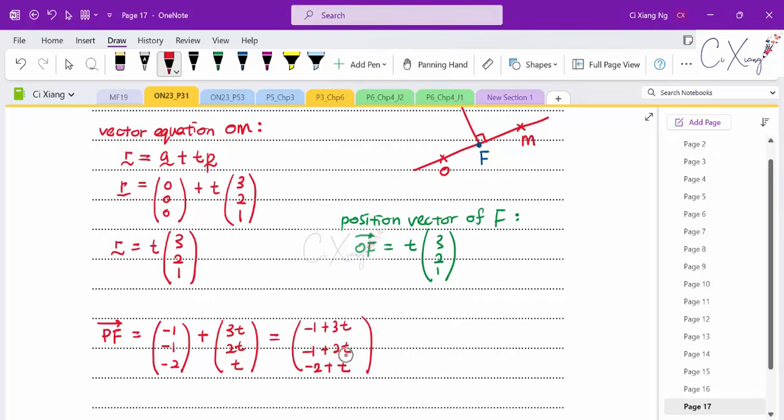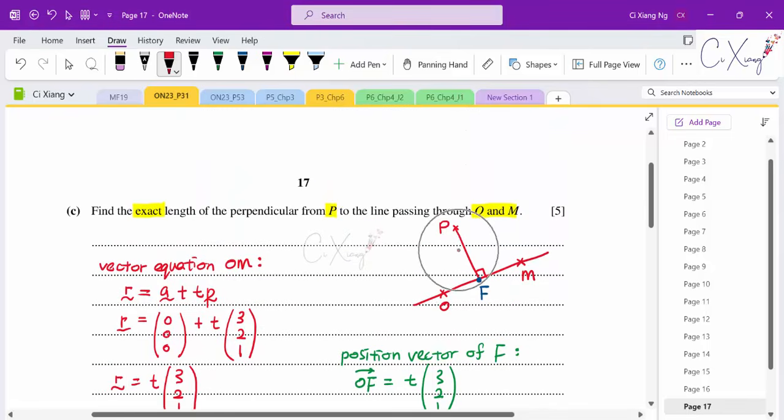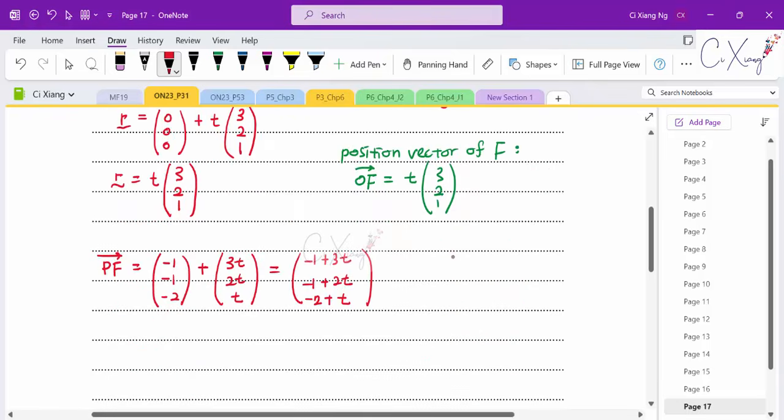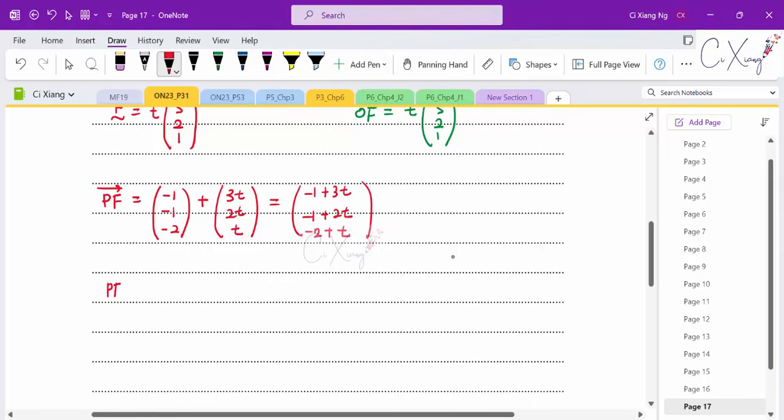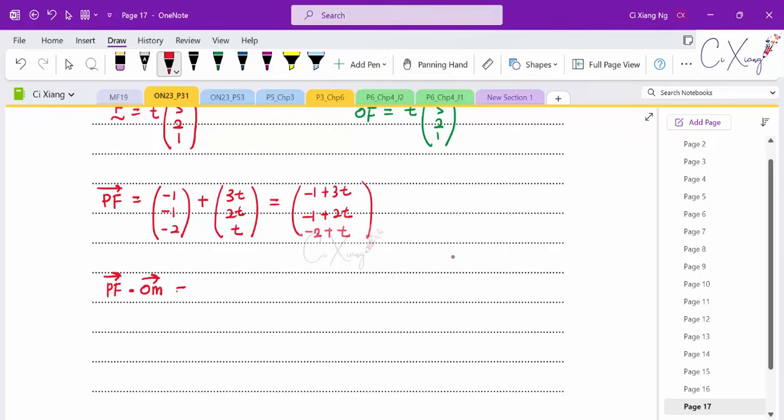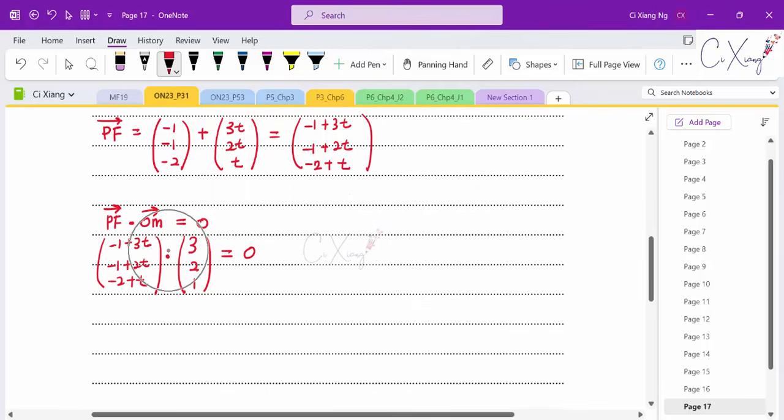Next step, to find out the t in PF, I know that PF and OM are perpendicular to each other, so they are 90 degrees to each other. So I'm going to use the result where PF dot OM equals 0 because they are perpendicular. PF is (-1 + 3t, -1 + 2t, -2 + t), and I dot product with OM, which is (3, 2, 1), and let it equal 0.